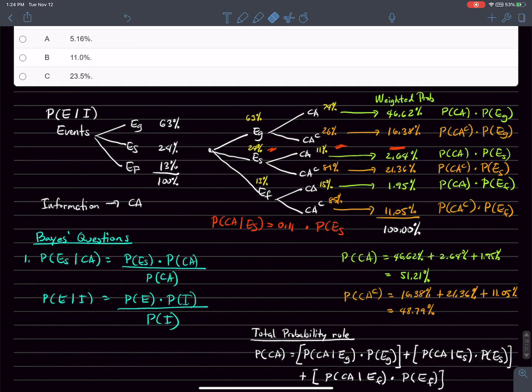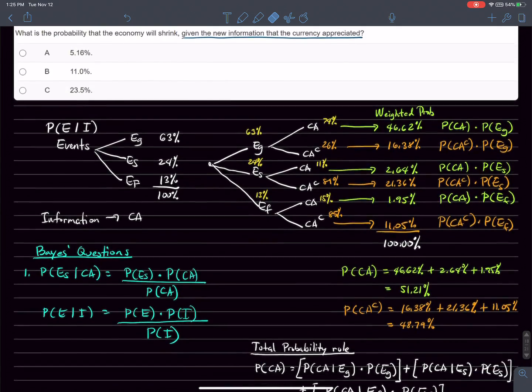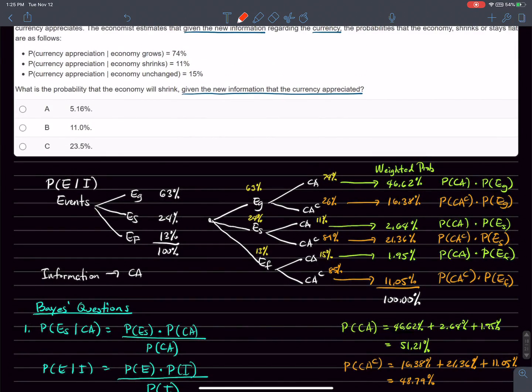Let me just clear it. The last one. Now you're following. Next, probability of the currency appreciating given the economy stays flat multiplied by probability of the economy staying flat. So this is this one, currency appreciating, economy flat or unchanged. So this is this node here.